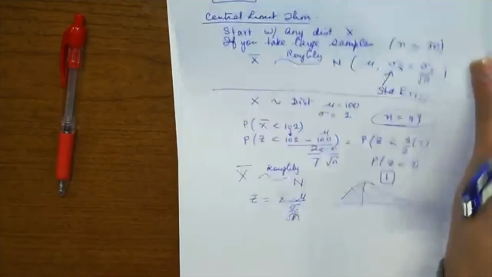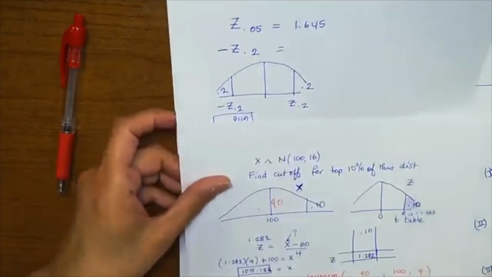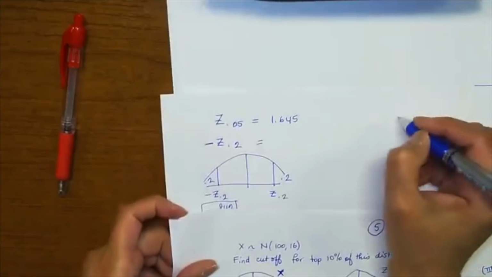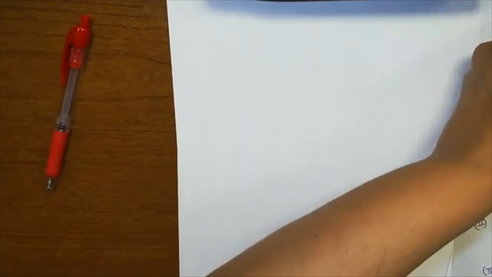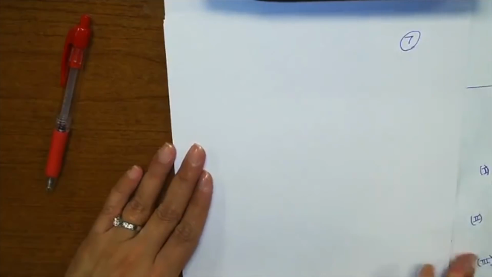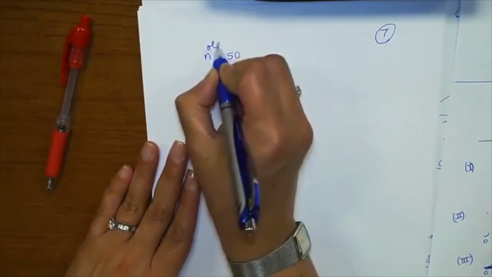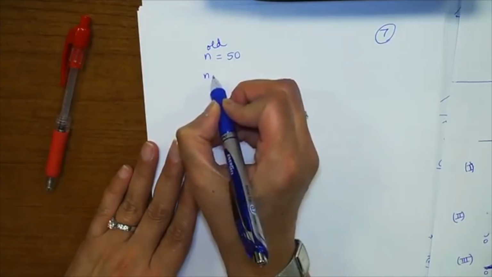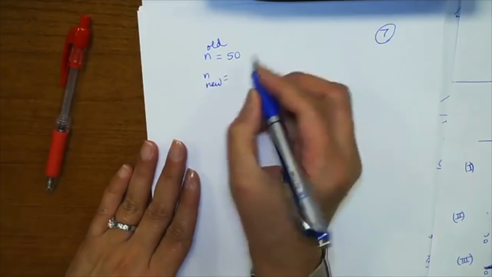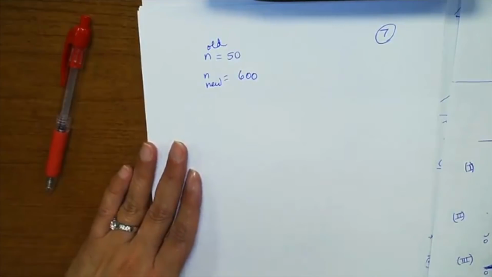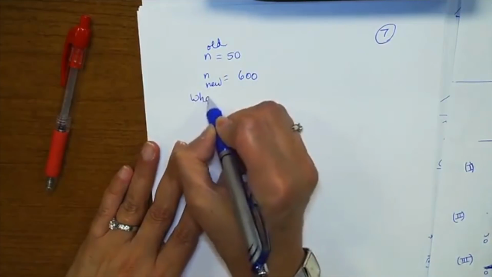So then the next kind of question is, what happens to the standard error if n changes? Let's create some example. The question says n used to be 50, n old, and n new is now 600. So what happens to the standard error?